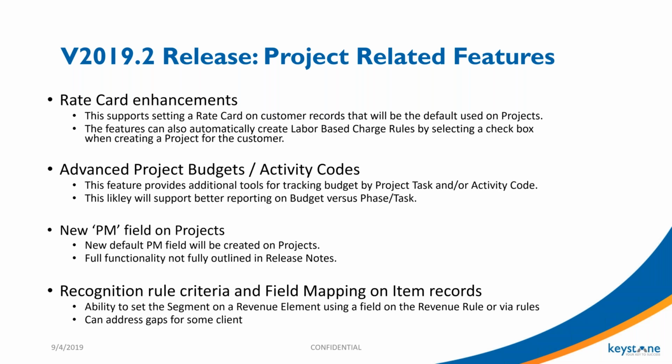Those of you who use this know there have historically been some limitations on getting the department to be able to be set on a revenue element created from a project. There is now a workaround for that, but it has a number of limitations. So hopefully this will help address more of those limitations.